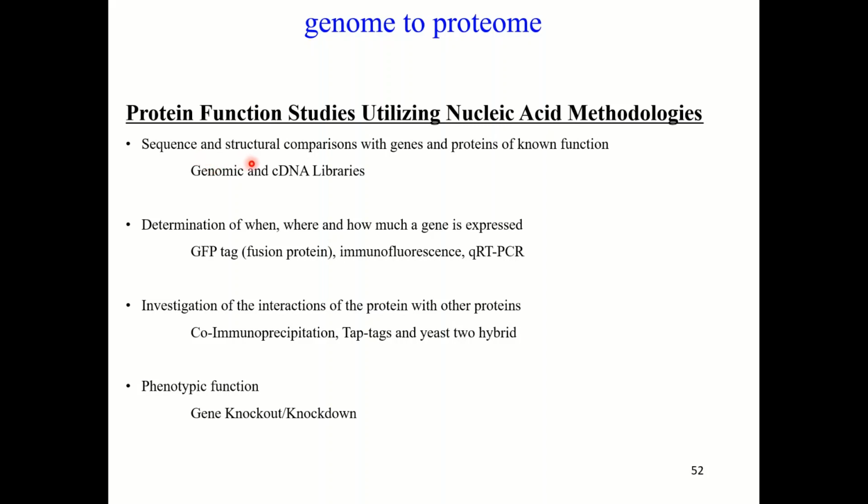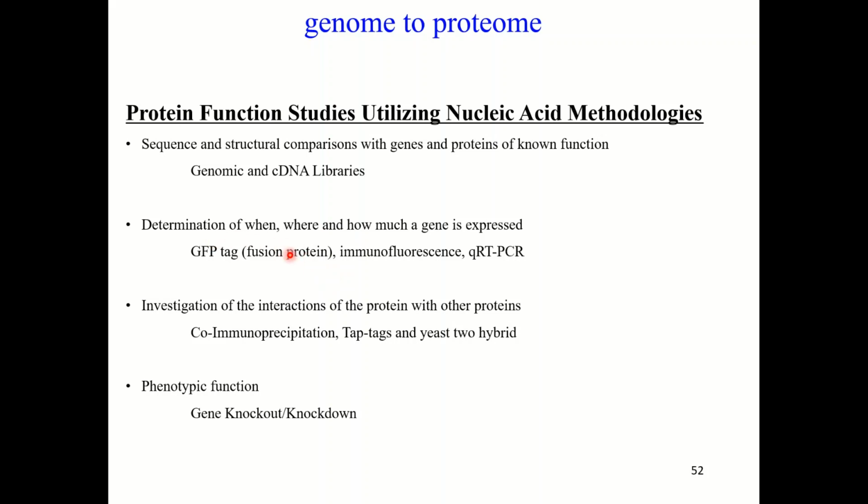You can get the sequence and structural comparisons with genes and proteins of known function. So you can have a particular gene that you're interested in and compare it to other genes of known function. So say your gene encodes a protein that you're not sure what it does. If you just compare that sequence with other known proteins, you might get an example of what its function would be.